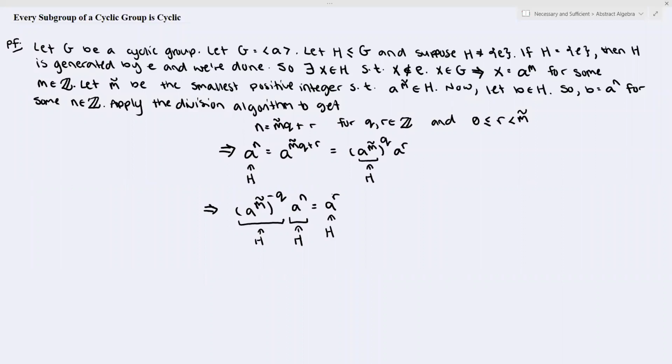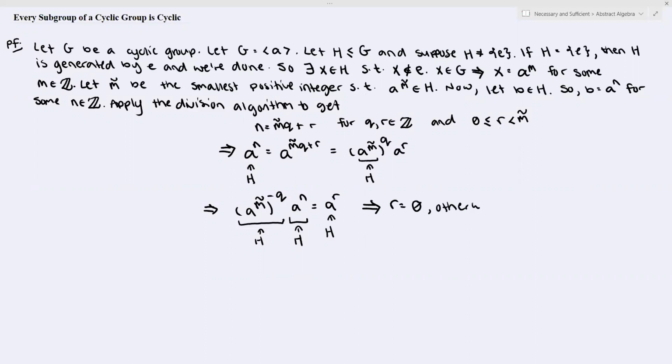Because A to the R is in H, and we know that M tilde is the smallest positive integer such that A to the M tilde is in H, and notice R is always strictly less than M tilde, the only way we don't get a contradiction is if R is equal to 0. So R equals 0.